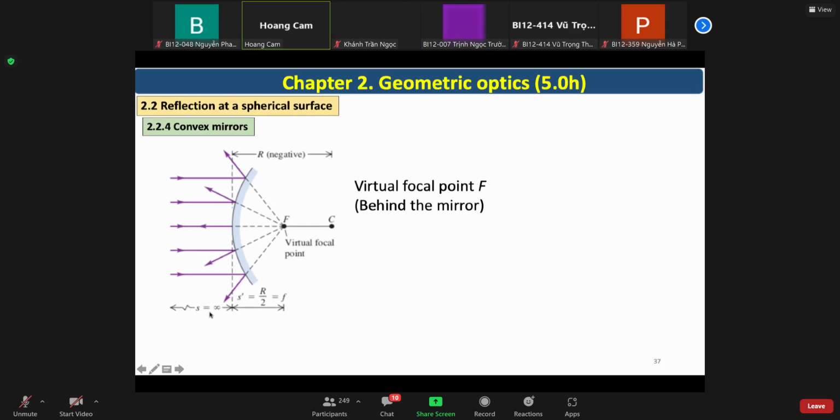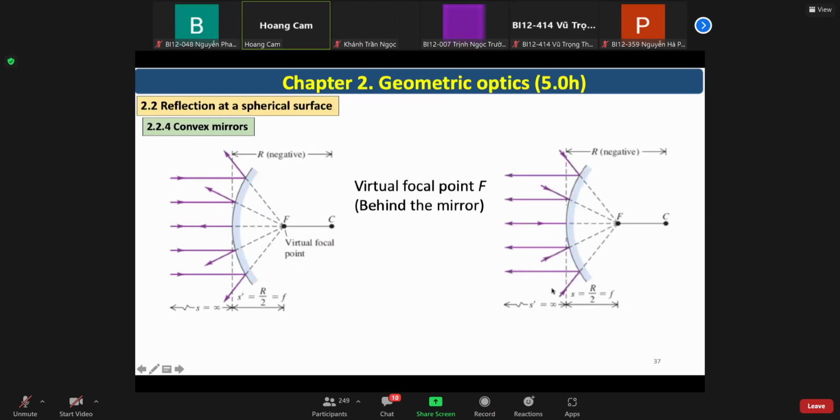And S equal to infinity, so the image distance S prime, for the case we consider the object is very, very far away, equals half of the radius of curvature, and equals F, which is called the focal length. And if we inject the incident rays, which seem to meet at the focal point here, then the reflected rays are parallel.